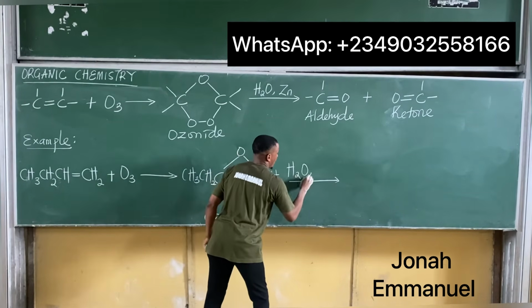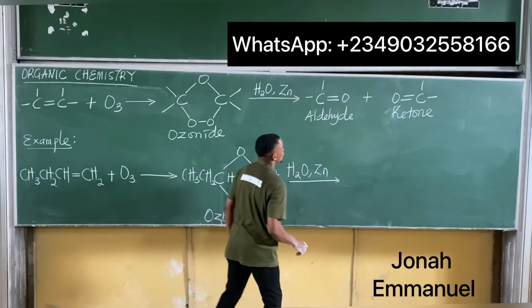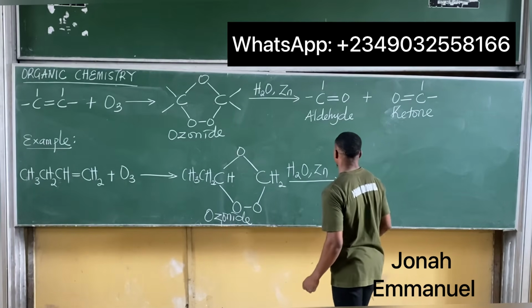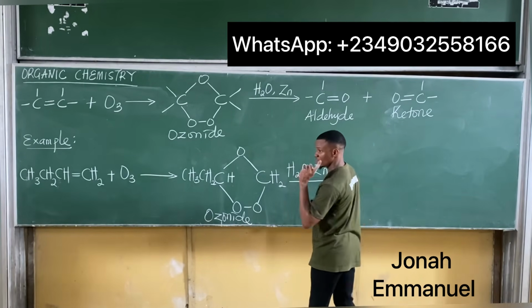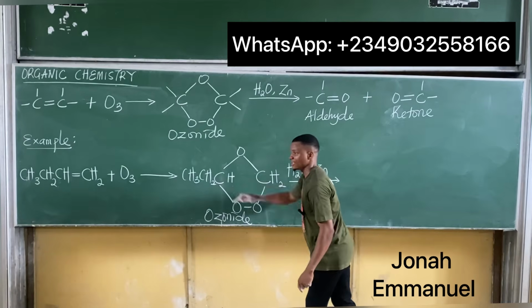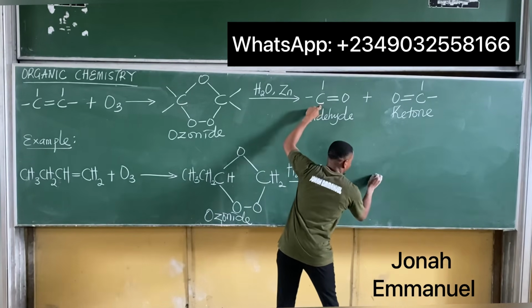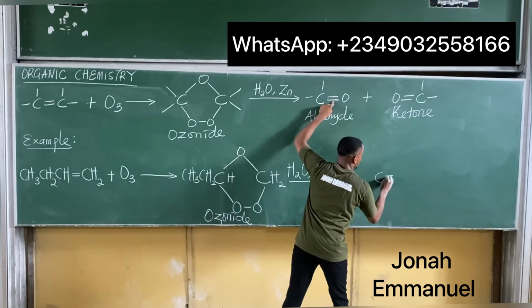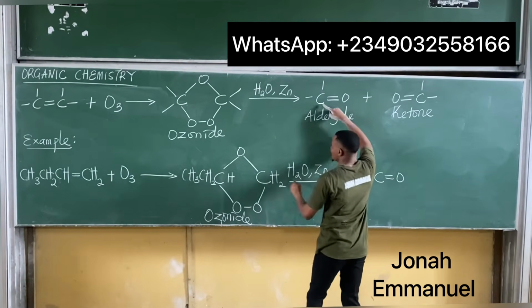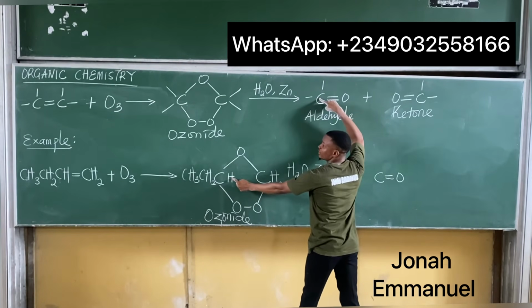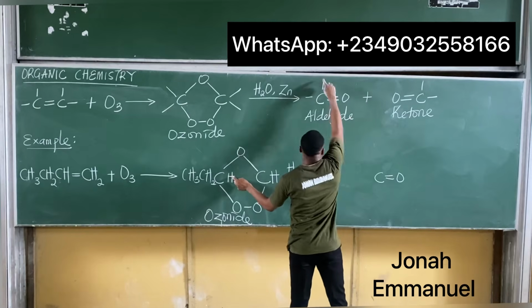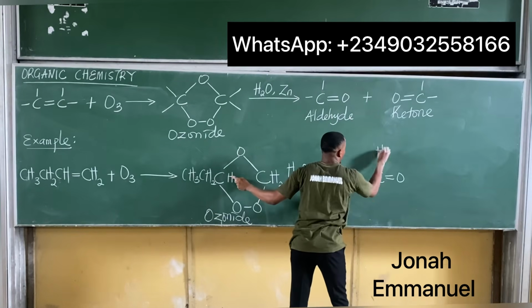H2O and Zn, to give you, listen up, the same thing will still come to play again. I'm having C connected to O. This C has one hydrogen. This H takes one part up.